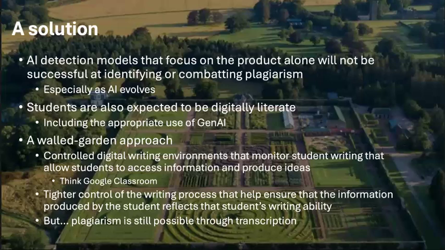But even within walled gardens, plagiarism is still possible because students could go outside the walled garden. They could talk to ChatGPT, they could ask it to write an essay, and then they could transcribe that essay directly into the walled garden. They could produce an essay within the walled garden that looked like it was written by themselves, but it came from outside that walled garden.